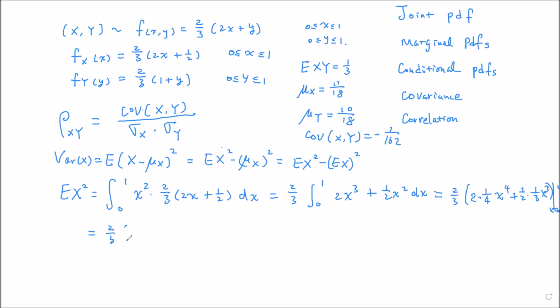That's 2/3 times (1/2 plus 1/6). That is 2/3 times 2/3, which gives you 4/9.